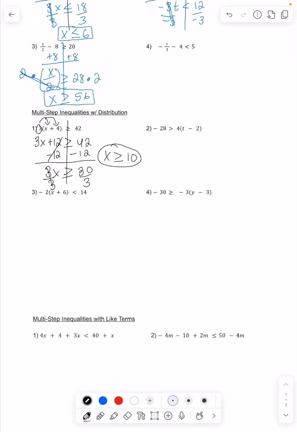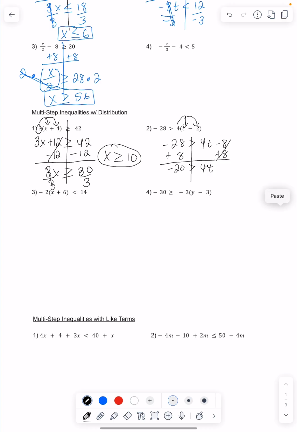The next one, same thing, distribute that 4. We have negative 28 is greater than 4t minus 4 times negative 2, which is negative 8. So 14 minus 8. We have a two-step, so plus 8 to both sides. Here we get negative 28 plus 8, which gives us negative 20 is greater than 4t. The 4 and the t are multiplying, right?